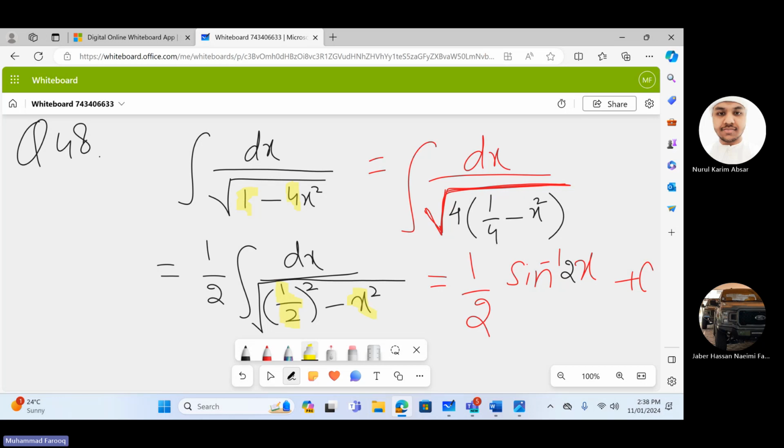Now for the formula sheet, put in the answer. The formula says sine inverse of U over A. U divided by A. What is U in my question? x.